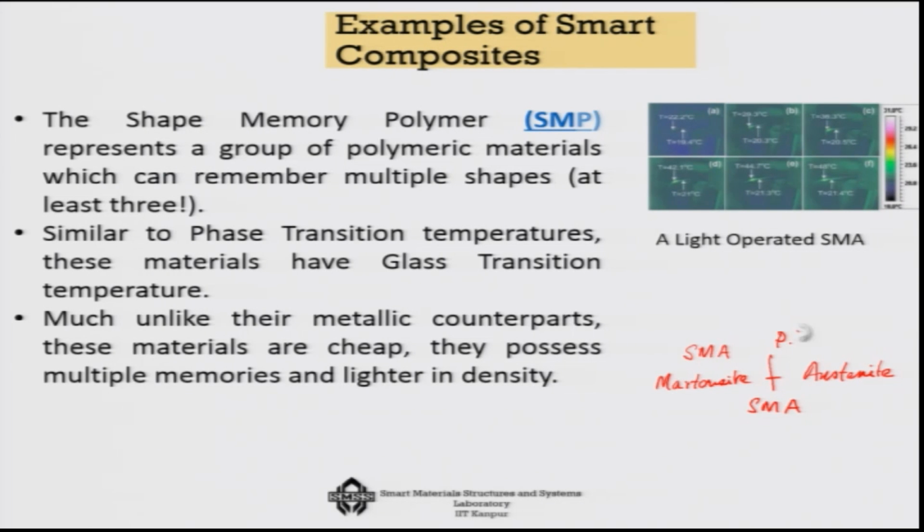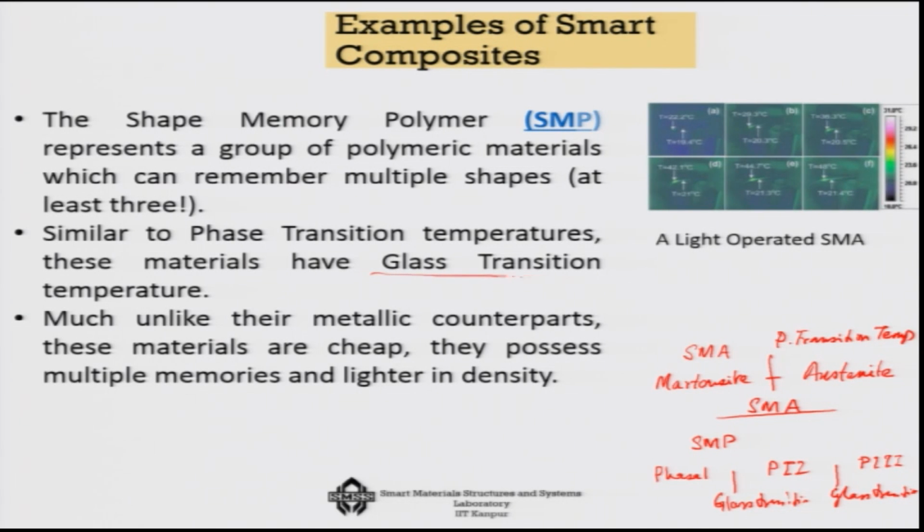But for the SMPs, what you are going to see is that there are many such phases. Let us call them phase 1, phase 2, phase 3, etc., and each one of them has a typical temperature, which we call the glass transition temperature, at which the polymer changes its form in terms of the motion or the arrangement of the polymeric chains.